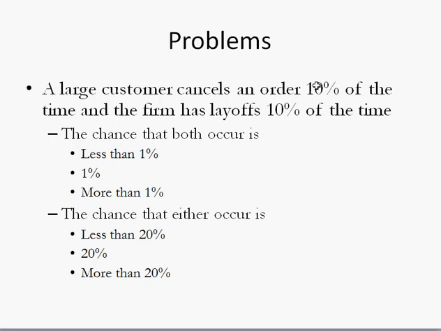Because it might be 15% or 12% of the time one of these happen. It's 10% of the time if they always come together. It's 20% of the time if they are never happening at the same time. And that's not the case. So we're going to ask a couple more of these in a minute in the next video.